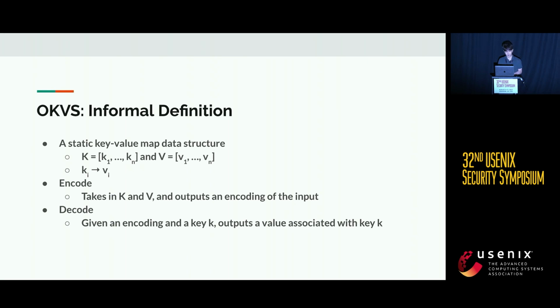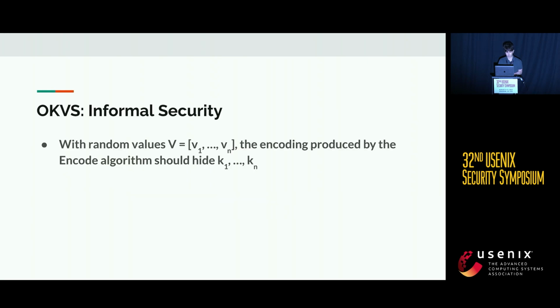Decode takes in the encoding and some key K and outputs the value associated with the key K. Just looking at this, you may think that this is nothing really different from a regular key value store. But there's a security constraint on it. If the values are assumed to be random, then the encoding produced by the encode algorithm should hide the keys used to construct it.